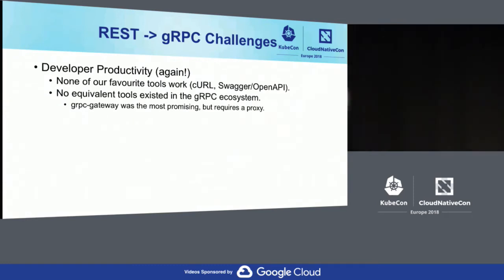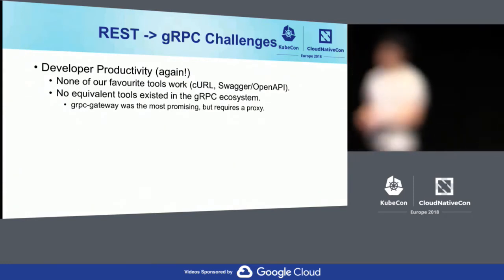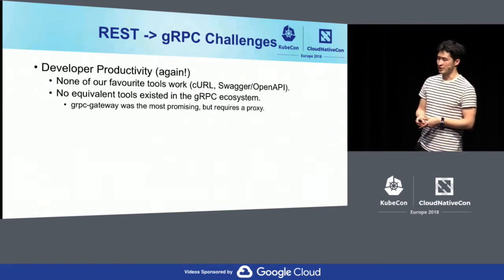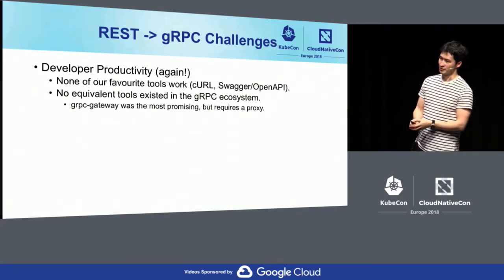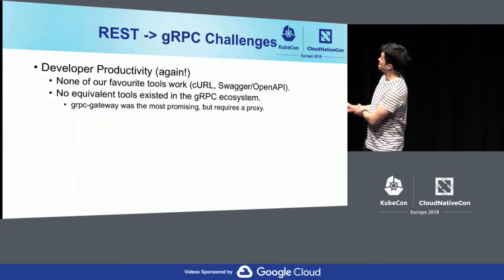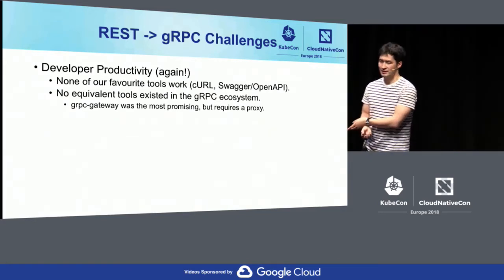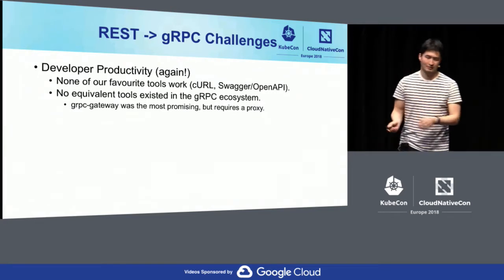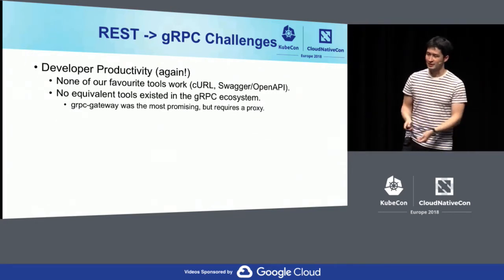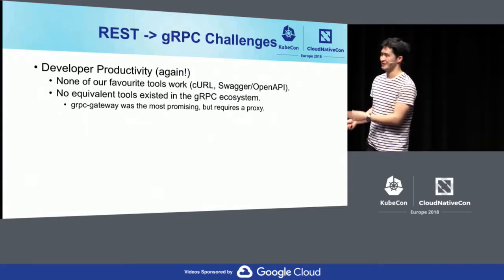There was gRPC Gateway, which you may be familiar with. It generates a proxy that you can start up, and then you direct your HTTP requests to the proxy, and it'll make gRPC calls to your service. But it required a proxy, and it also required us to add it to our whole tool chain, and it's a bunch of Go code, and then getting it to build.